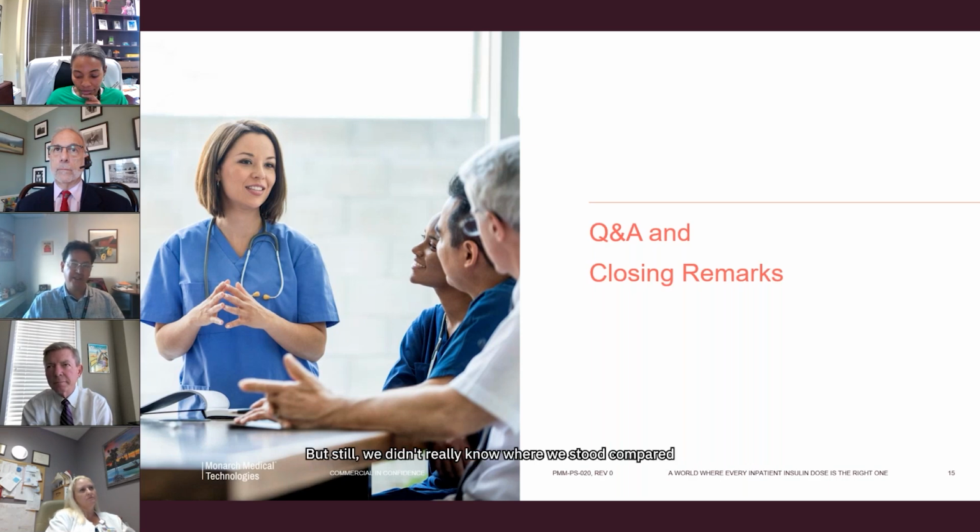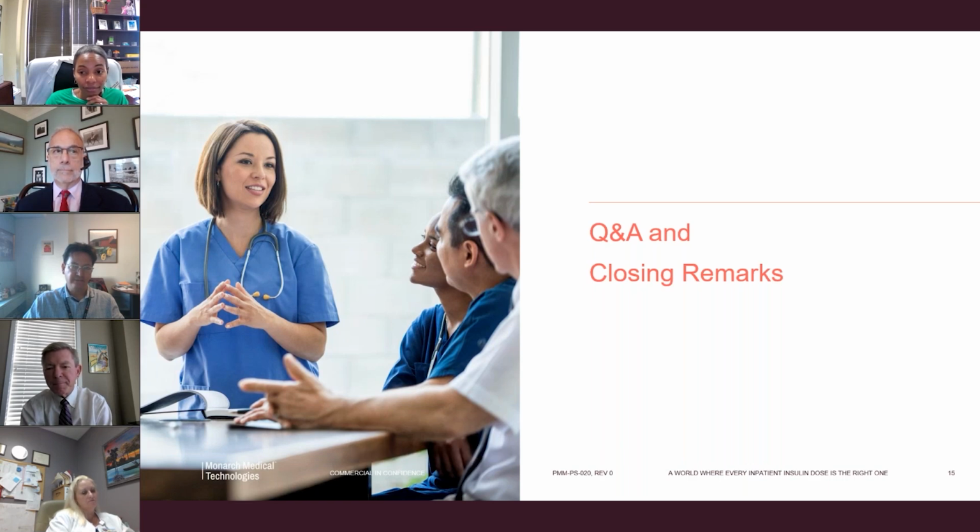But still, we didn't really know where we stood compared to at least a cohort, and this cohort is 86 hospitals. So I think, back to what Joe was saying, right now we're all starting this data collection phase and seeing how we're doing. Once that deviation is defined, we'll see what CMS wants to do with it. But if you don't compare yourselves to your peers, you don't really know where you stand. That was a big eye opener for us.